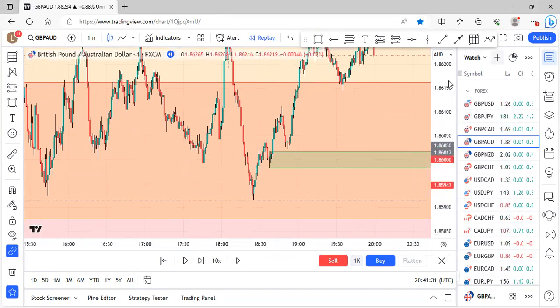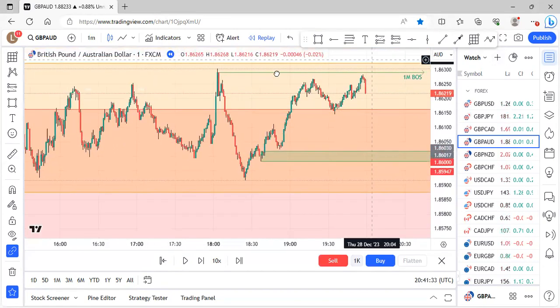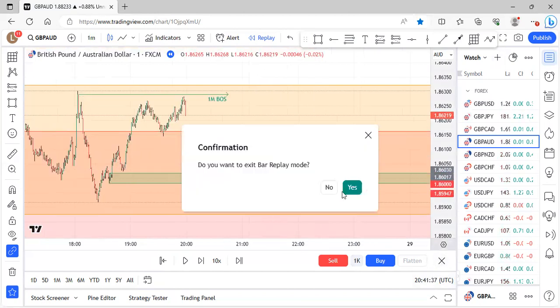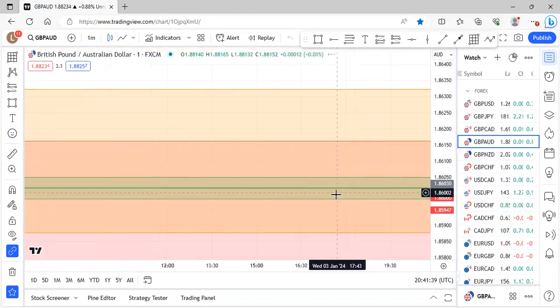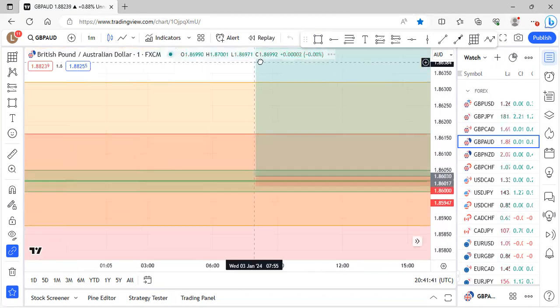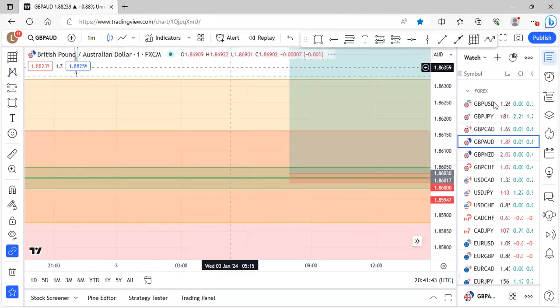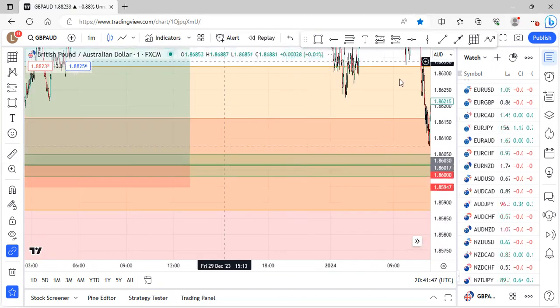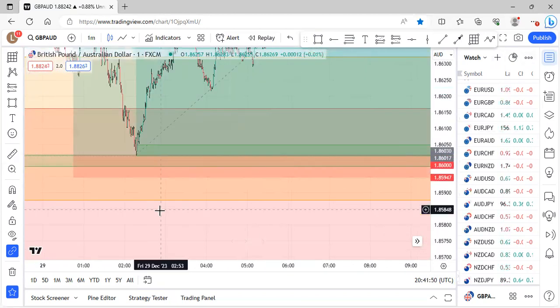It doesn't always. Sometimes it would have come back and just taken it out. But because there was no imbalance or anything like that below it that was easily seen, it comes back and tests the leg that would have tapped me in.